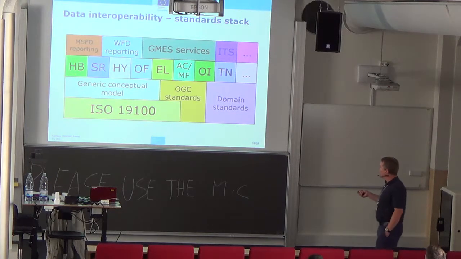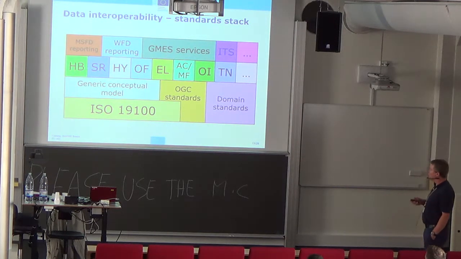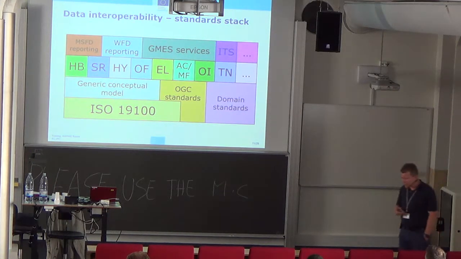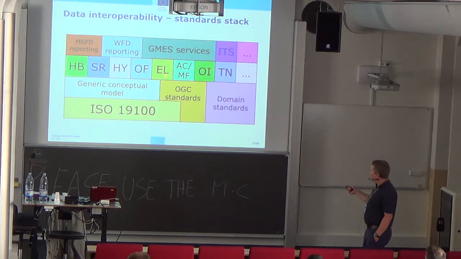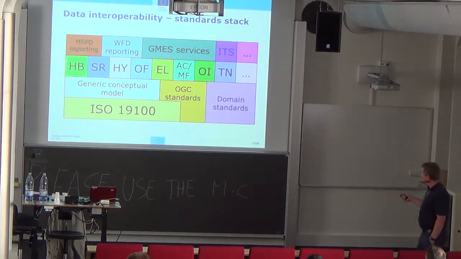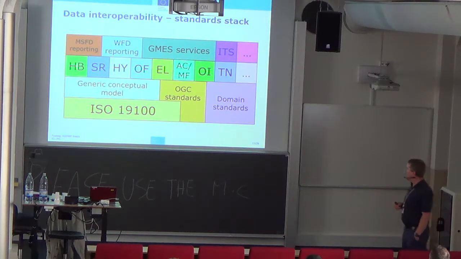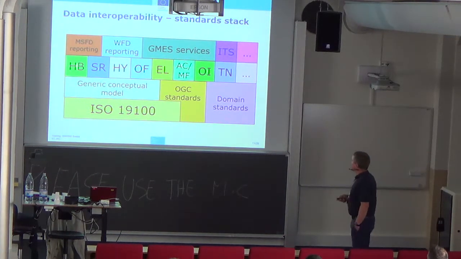And I mentioned already this morning that in all data specifications, all technical guidelines, and also in implementing rules, a lot of standards were used. First of all, the series of ISO standards, ISO 19100 series, a lot of OGC standards, domain standards from different domains, and also according to those standards, the generic conceptual model was developed to help further implementation.